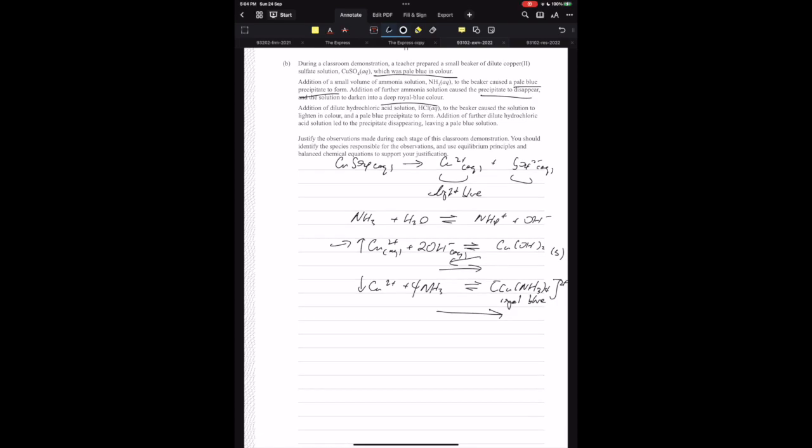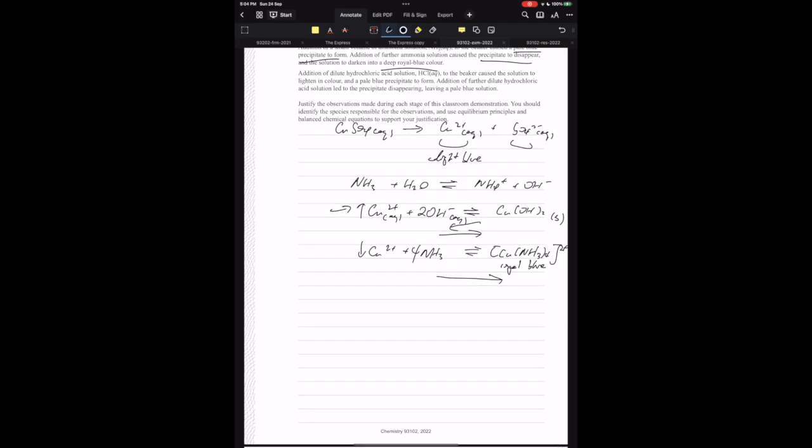And then the second part is addition of dilute hydrochloric acid solution to the beaker causes the solution to lighten in color and a pale blue precipitate to form. So what happens if you add HCl? HCl obviously is acidic, and it would fully dissociate in water to form hydronium ions and Cl minus chloride ions.